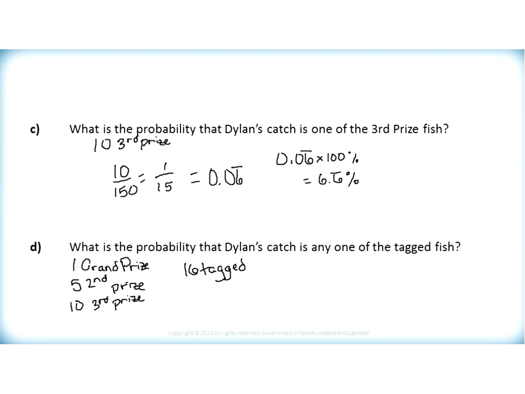So his probability of catching any of the tagged fish: there are 16 tagged fish available out of the 150 in the water.